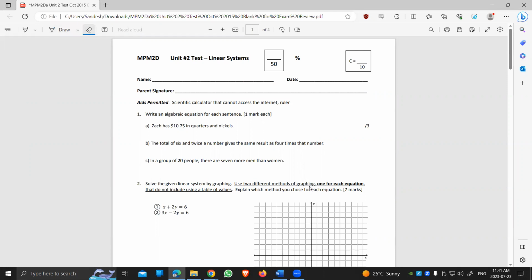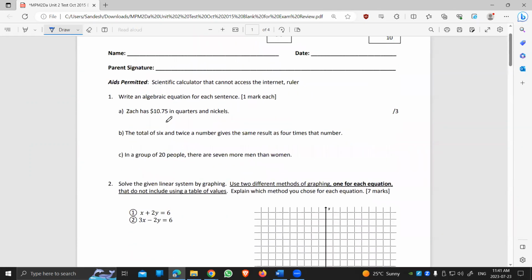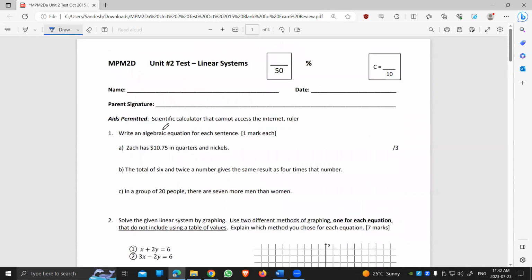Zach has 10.75 in quarters and nickels. What will be the equation? Nickels is 5 cents, yeah?